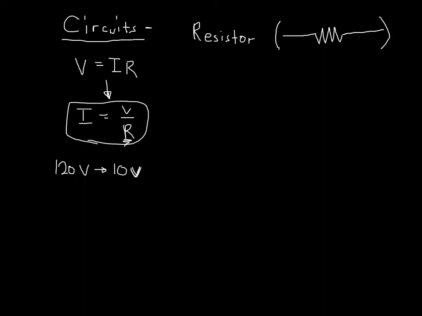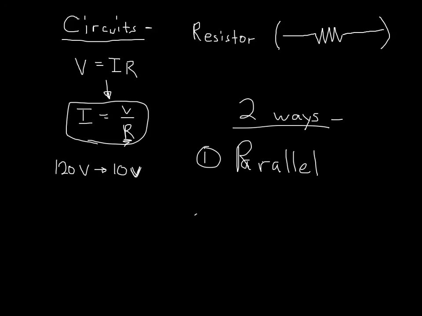And as I said, we can combine resistors in all sorts of ways to get out any kind of voltage, current, or resistance that we want inside of our circuit. And similarly to capacitors, there are two ways to combine resistors. We can combine resistors in parallel, and we can combine resistors in series.